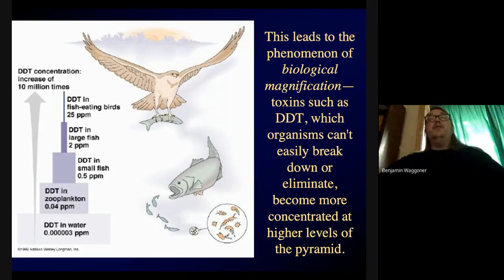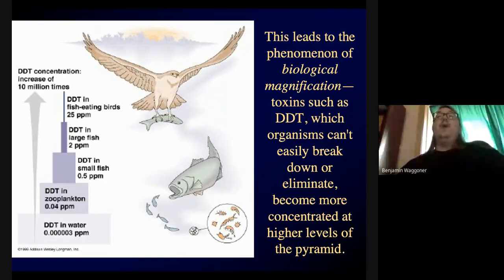The bald eagles made a remarkable comeback, and now we can see them in Arkansas. Some years they nest in trees around Lake Conway. I've seen them up in the Ozarks as well. So the bald eagles are recovering. But we almost managed to wipe out our own national symbol from the use of DDT, coupled with this phenomenon of biological magnification.